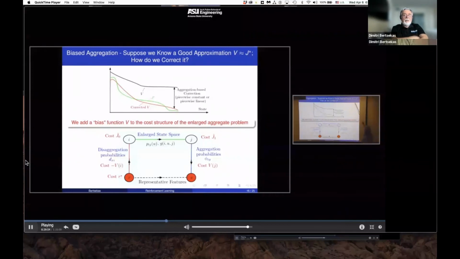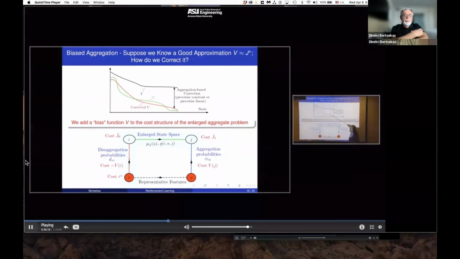Suppose you already have a good approximation of J star. Aggregation aims to approximate J star, but if you already have a good approximation V, you may want to build on it and correct it rather than start from scratch. Standard aggregation, the way I have presented it, corresponds to V equals 0, okay?